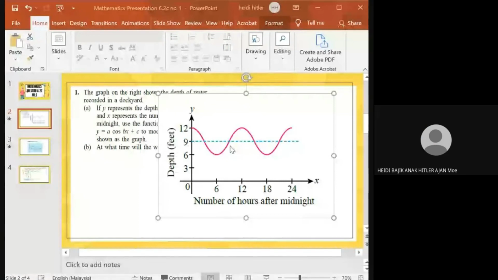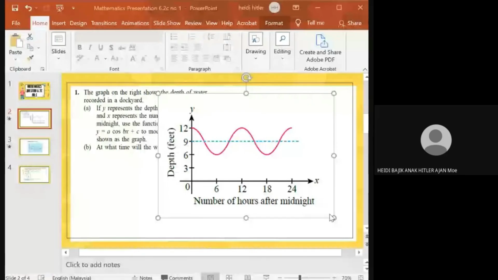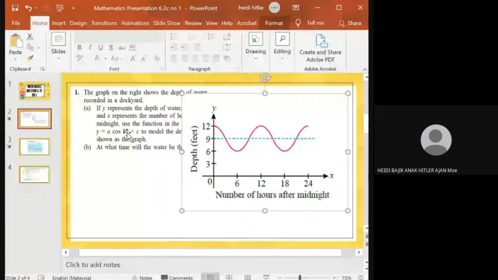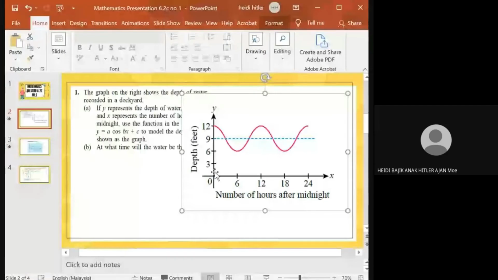If we follow the cosine graph, one smiley face ends at 12. So the period is equal to 12, which means that we can use that to find the value of b. Since 360 degrees over b is equal to 12, you move it over, so b equals 360 over 12, which will be equal to 30.